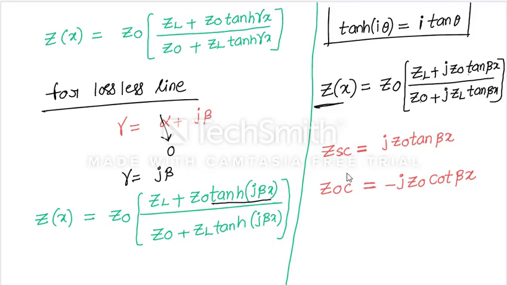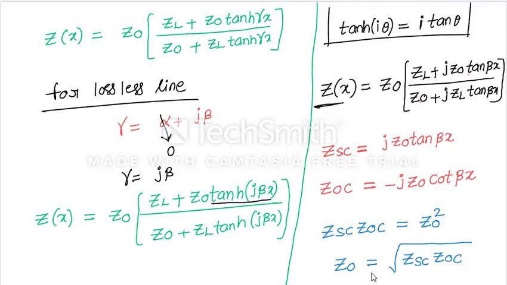Now if I see the relation between these two, Z SC into Z OC is nothing but Z naught square. So Z naught is given as the square root of Z SC into Z OC.